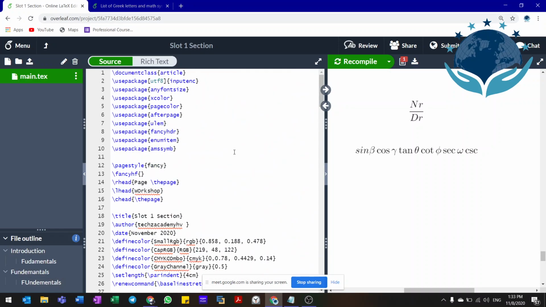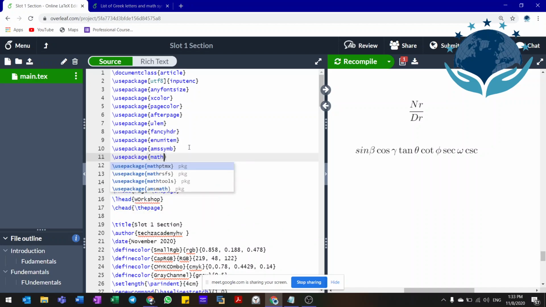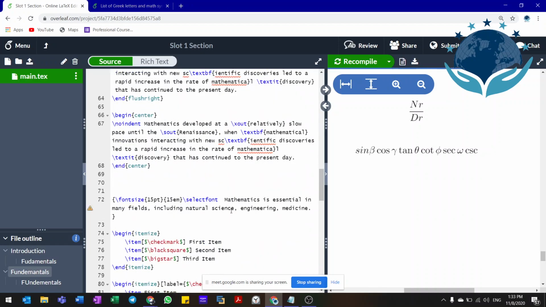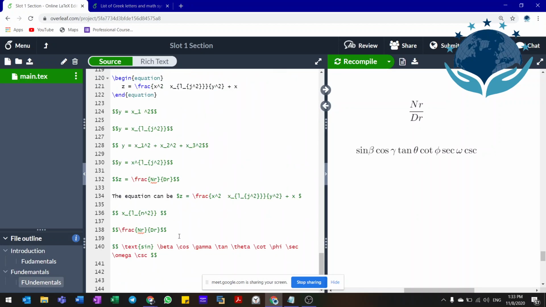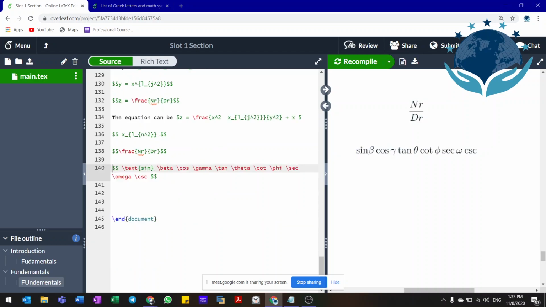Okay, what is the package that I have? I don't have the math package. For that we need the AMS math package. If we use that, we can have that sign as a normal text. That is why we are using the text function, which is available in AMS math.